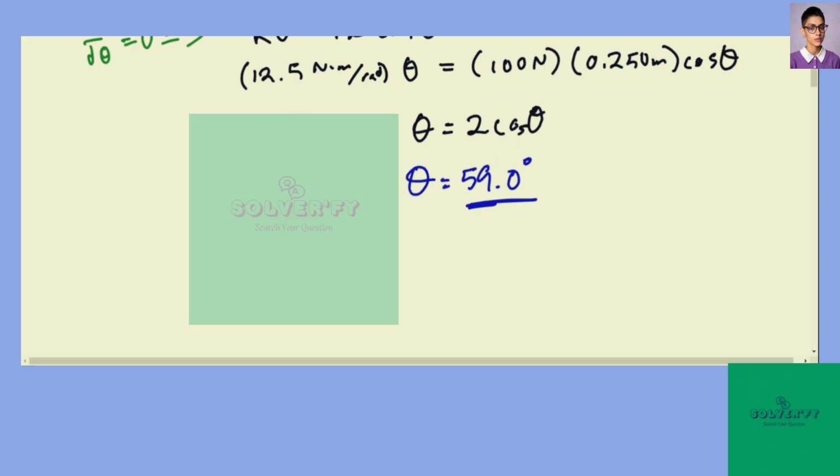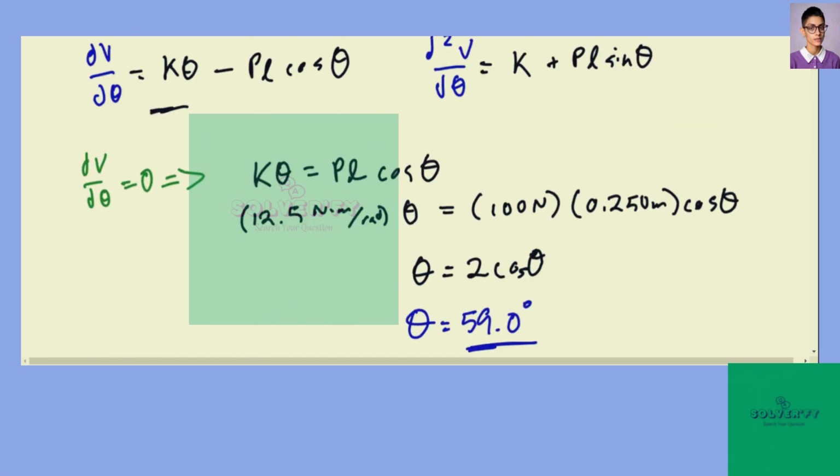And now we just want to check the stability. So we're going to check the second derivative of the potential energy with respect to theta when theta equals 59.0 degrees. And that just equals, again, going back to this equation, K plus PL sine theta.